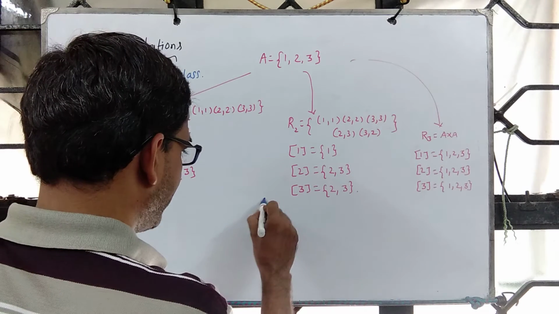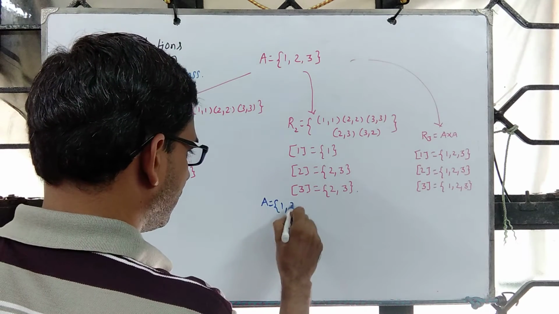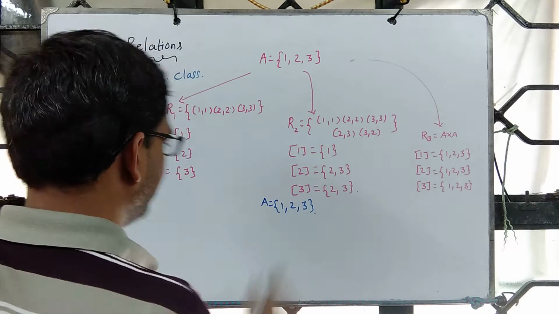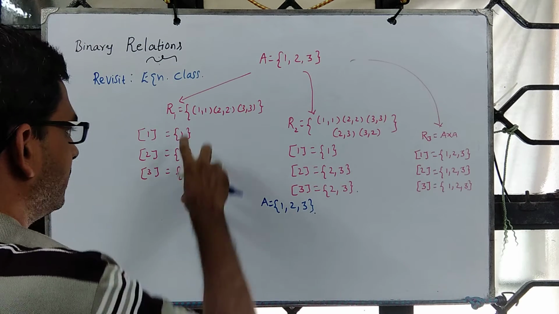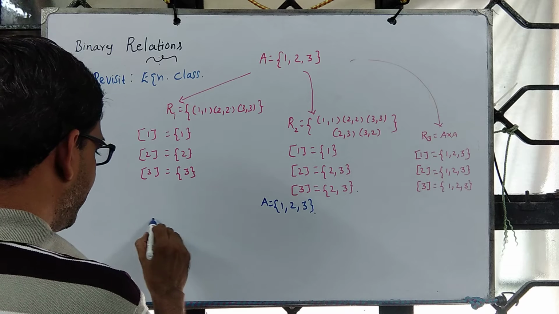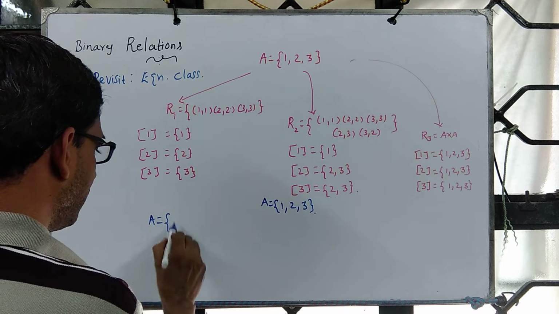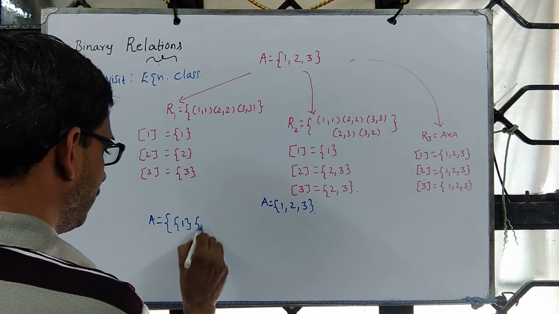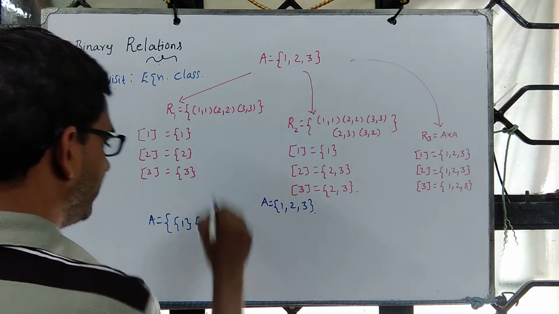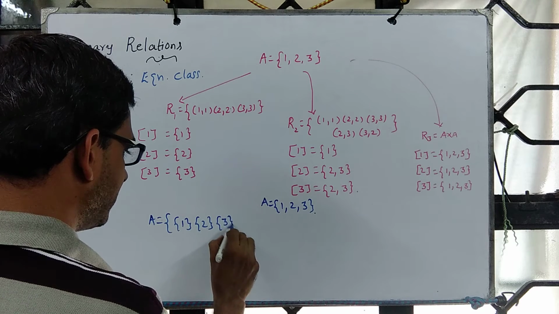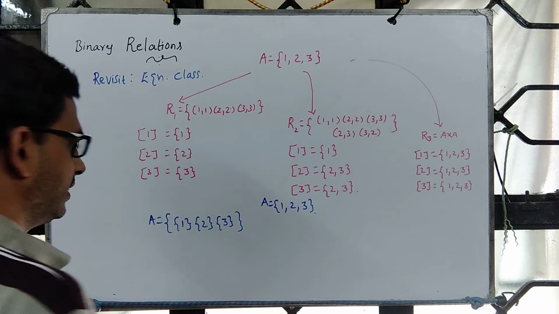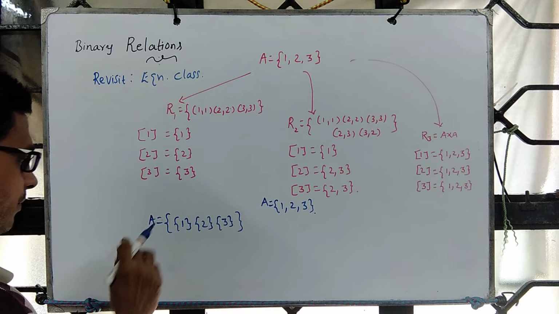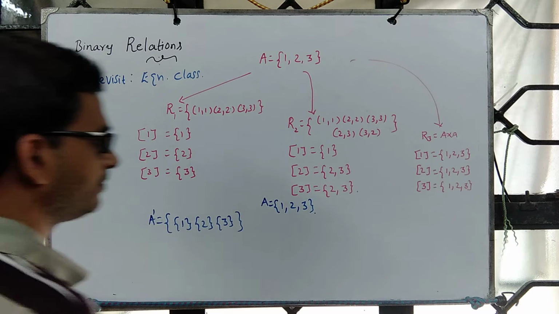Now look at the set A equals {1, 2, 3}. This relation is trying to represent A like this: {1}, {2}, {3}. That relation is trying to represent the set like this. Let me call it A prime.